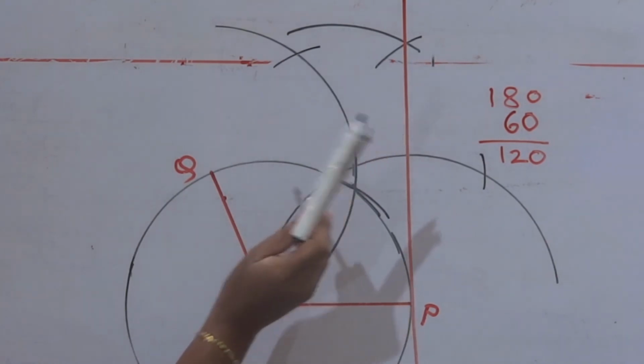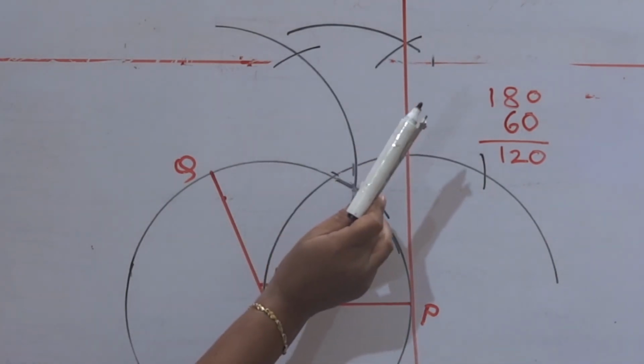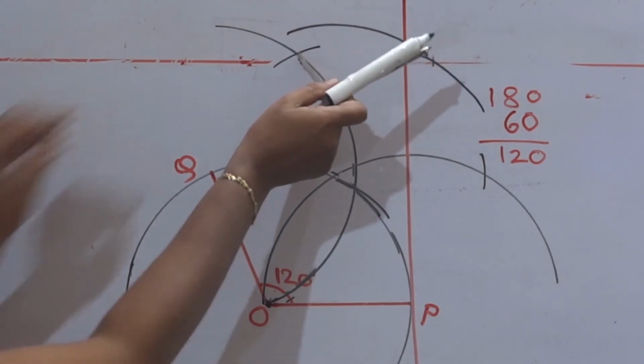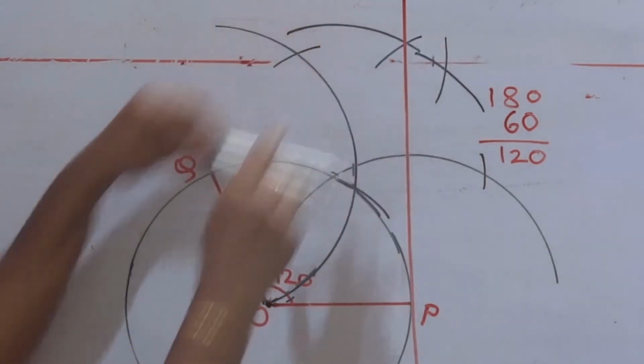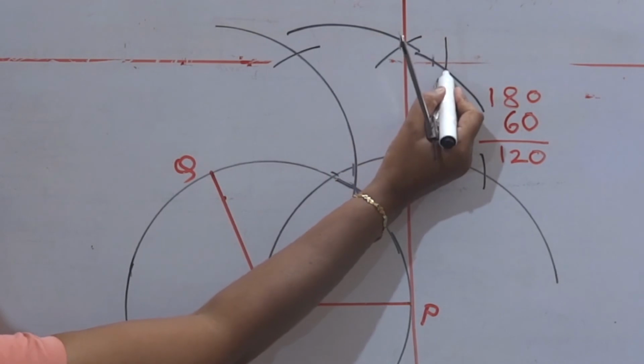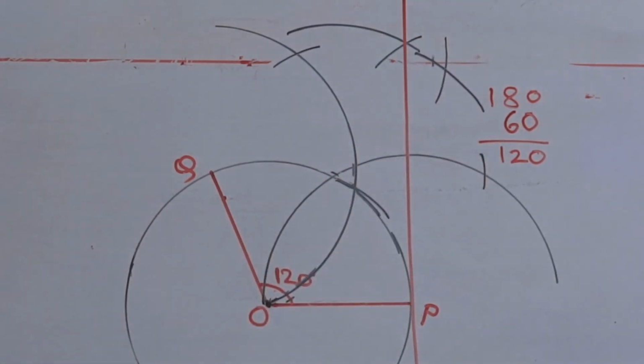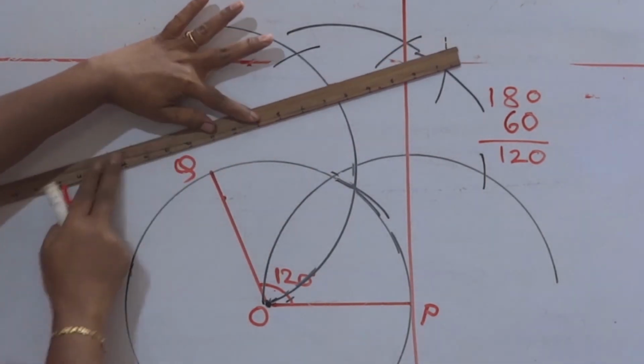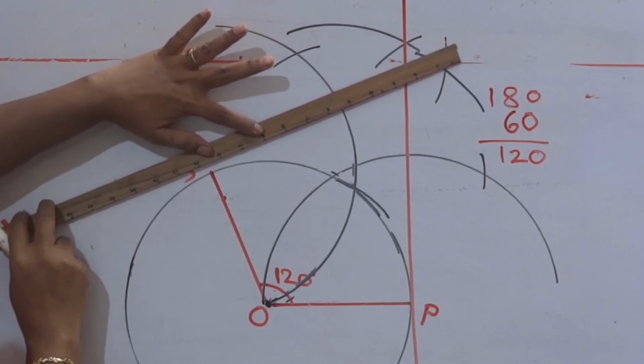Now, by keeping our needle at these two arcs, let us make two more arcs and these two arcs meet at this point. Now join the point of intersection of those two arcs with the point Q.